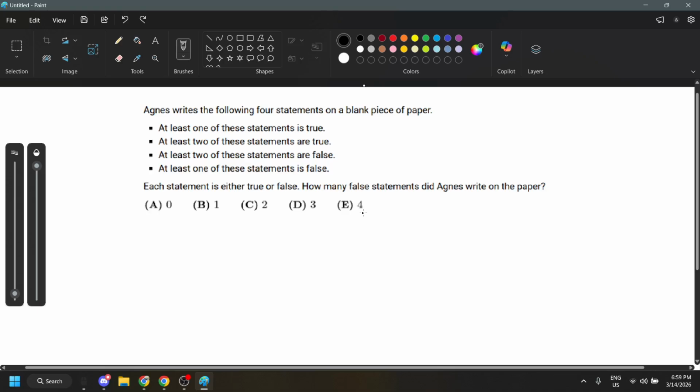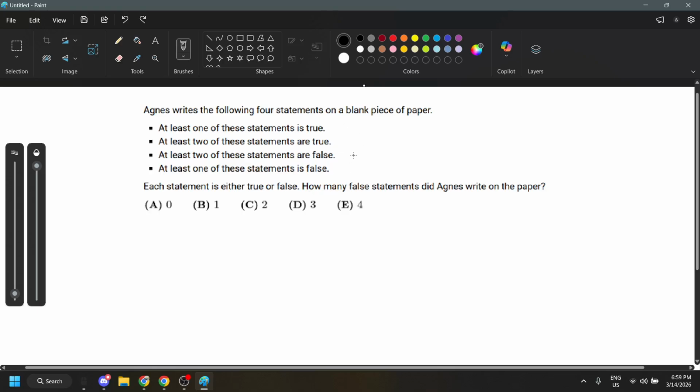So can zero of these be correct? Let's see. At least one of these statements is true. At least two of these statements are true. Just to make sure you know what you're saying, there's zero false statements, that means that they're all true.